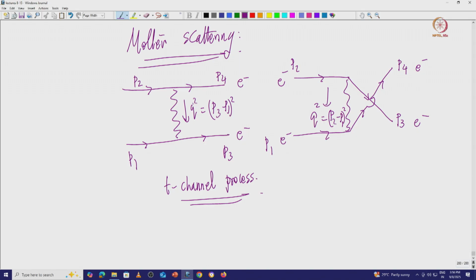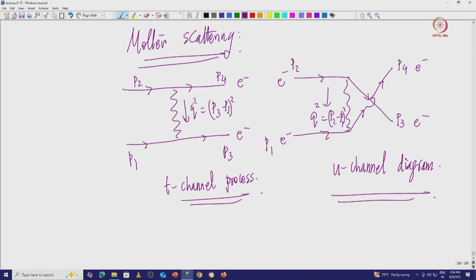The other diagram is called a U channel diagram. This is the first time we are seeing a U channel diagram. So the Moller scattering is given by these 2 diagrams.